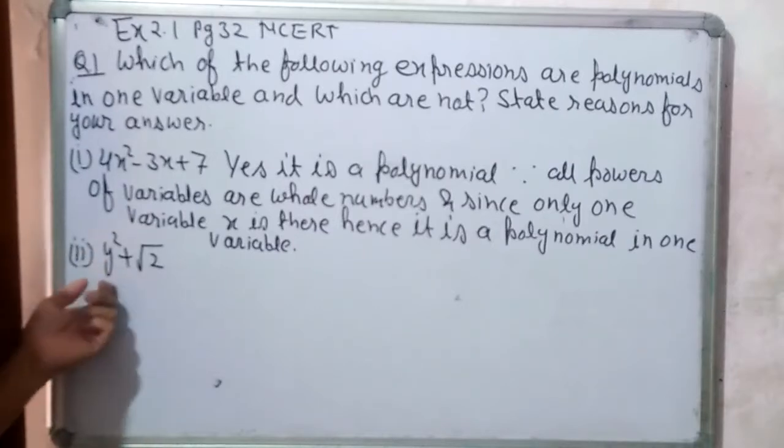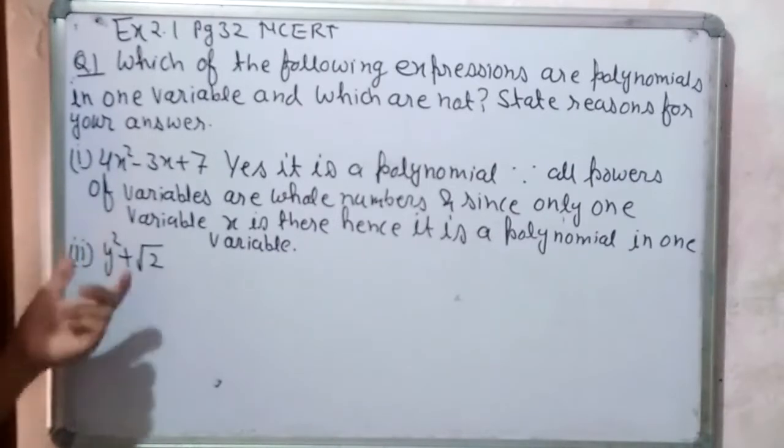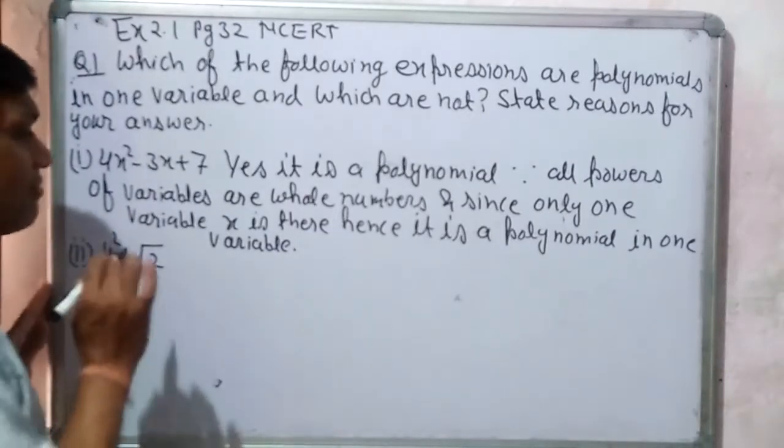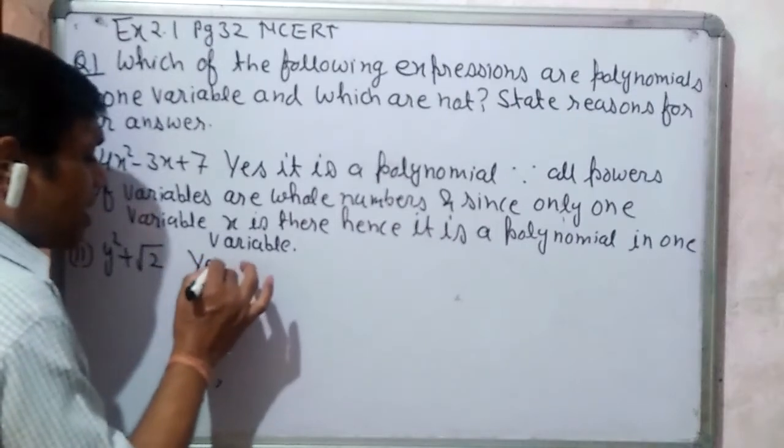And since there is only one variable y, we can say yes, it is a polynomial in one variable. This time we can say it directly.